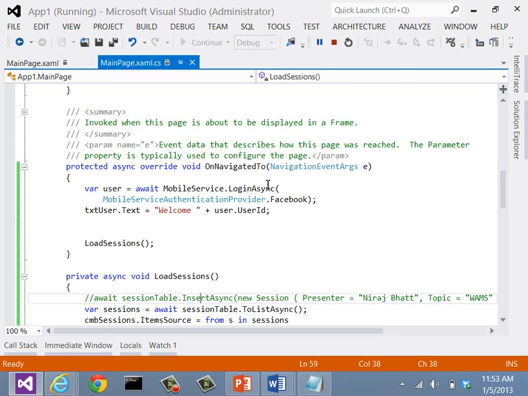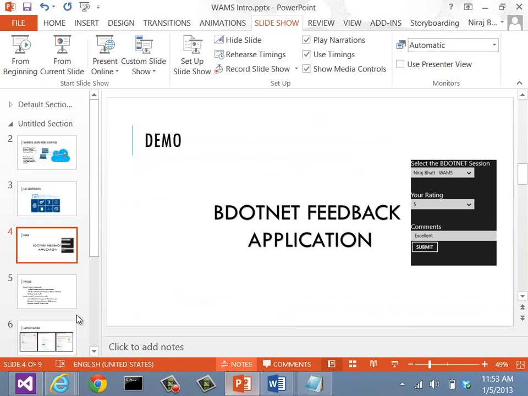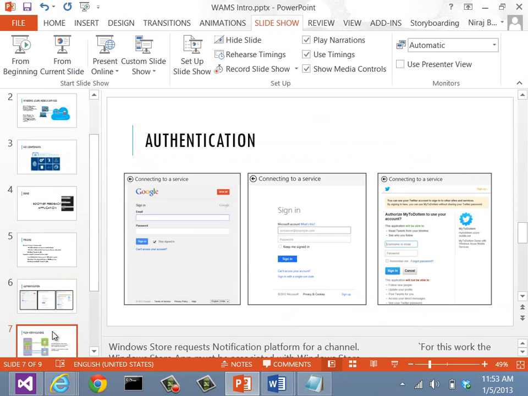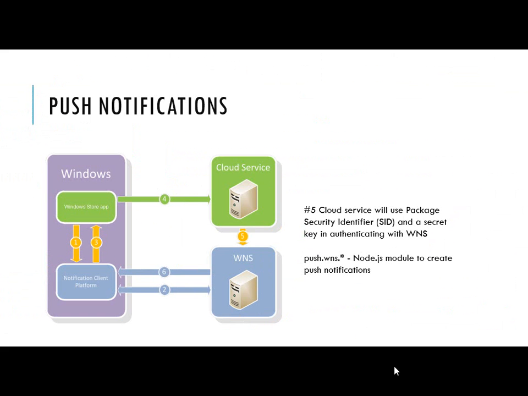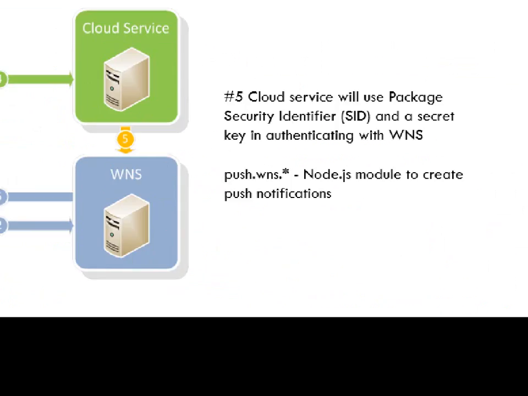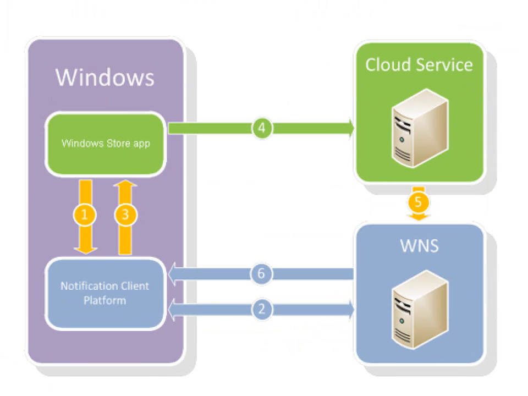So going back now we enter the tough part, or rather the push notifications. And push notification actually is pretty simple if you just understand the basic premise of it. So as you can see over here, let's understand this.